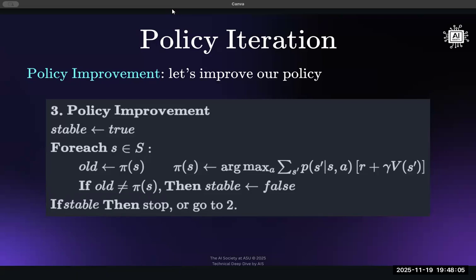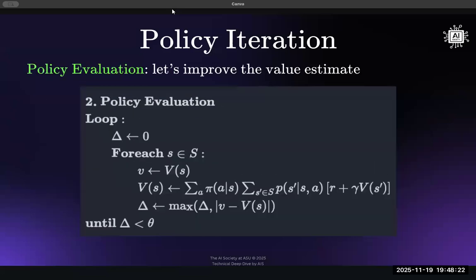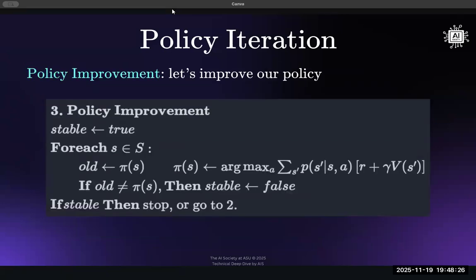If it's not, then this becomes false, and if it is false, then we're going to keep on going. If it's stable, that means we have stable updates of our policy. Then we can go back to evaluation, go back to improvement, and so forth. It's a loop until we see that the policy is truly the best one that we can get.